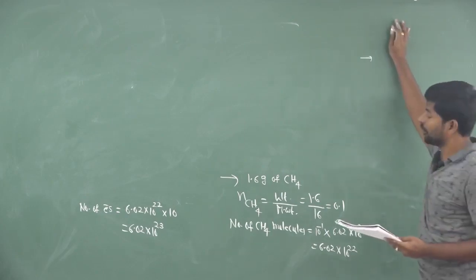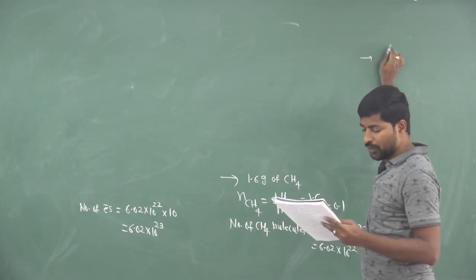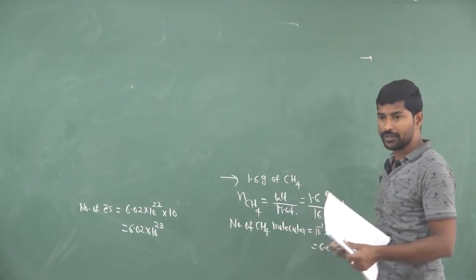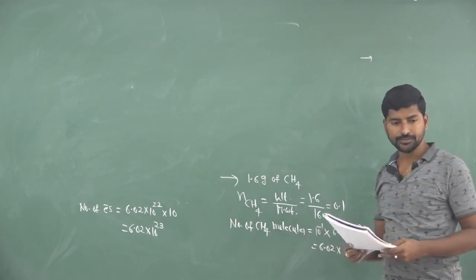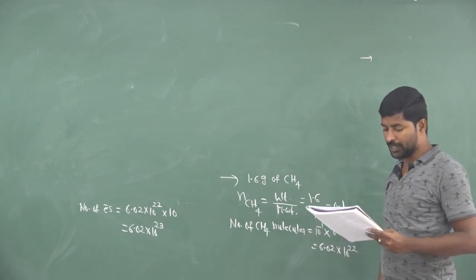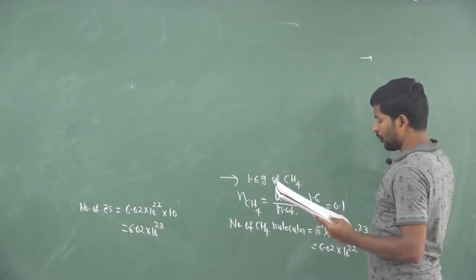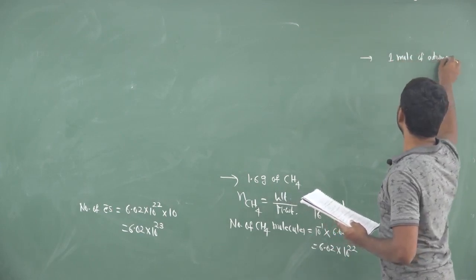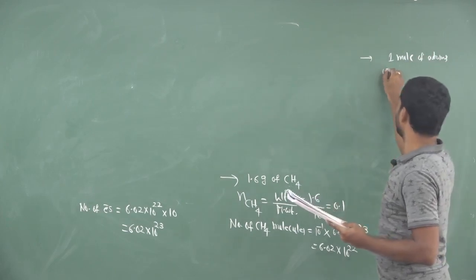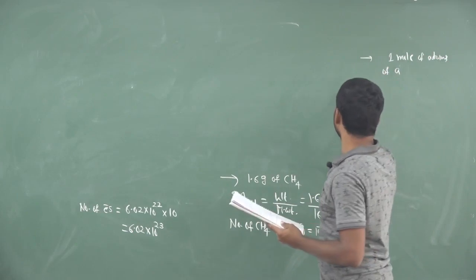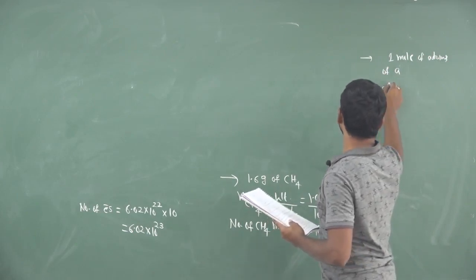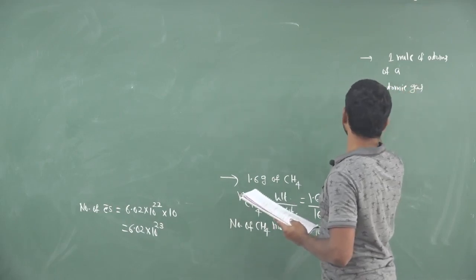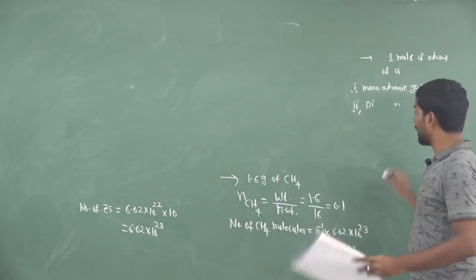Okay, next one. What will be the volume occupied by 1 mole of atoms of, first one, a monoatomic gas, second one, a diatomic gas, at NTP?